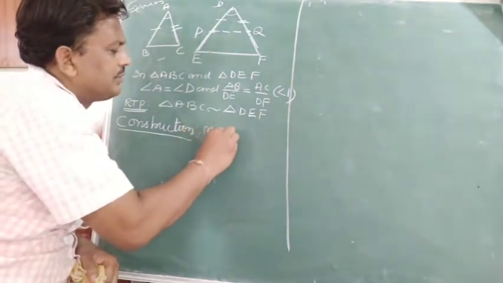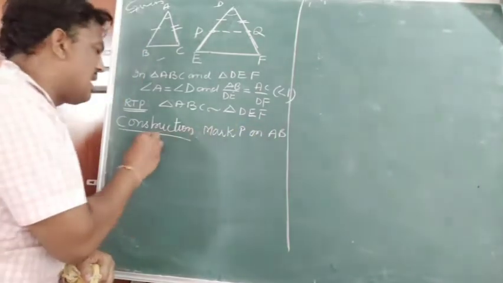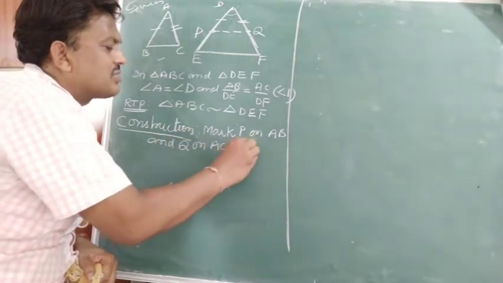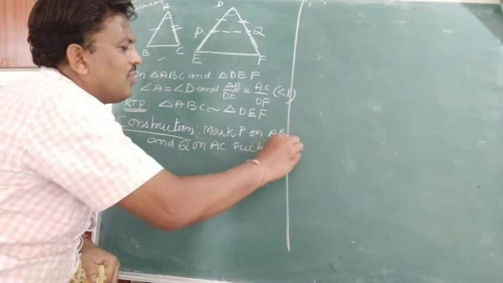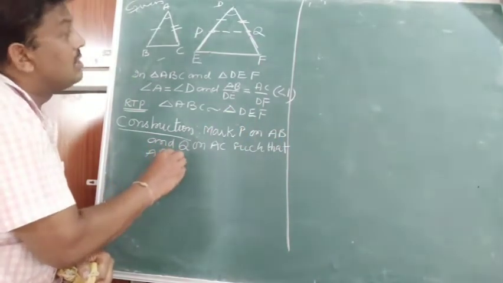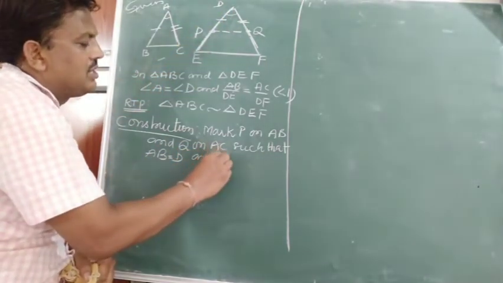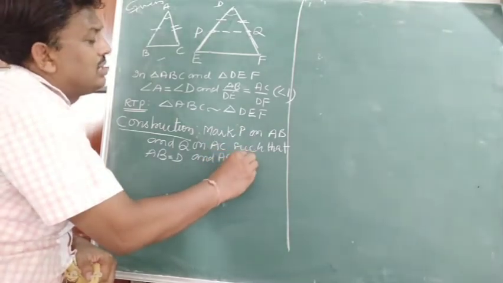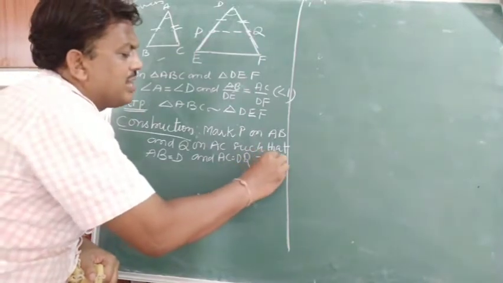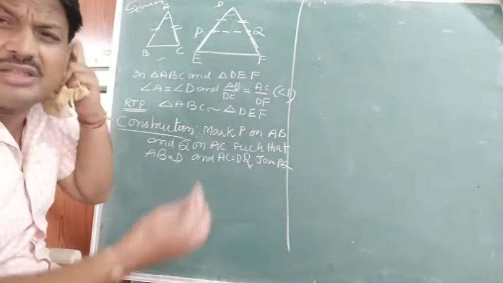Mark P on AB and Q on AC such that AB is equal to DP, and AC is equal to DQ. Next join P to Q, children. This was the normal construction done in the previous two theorems.